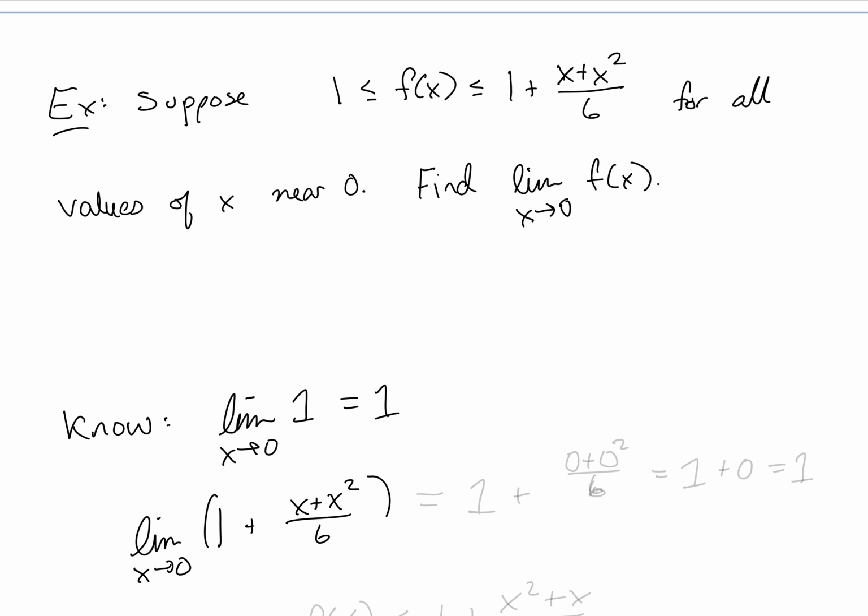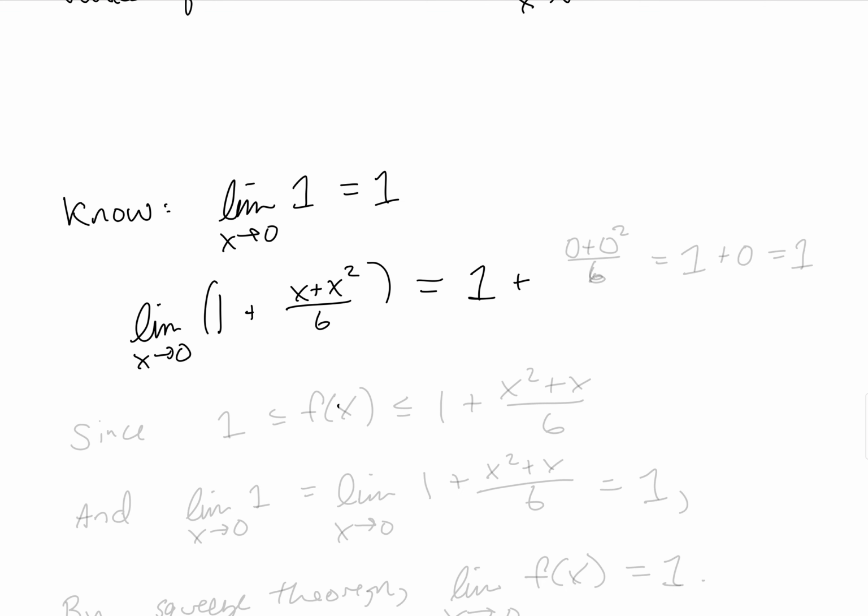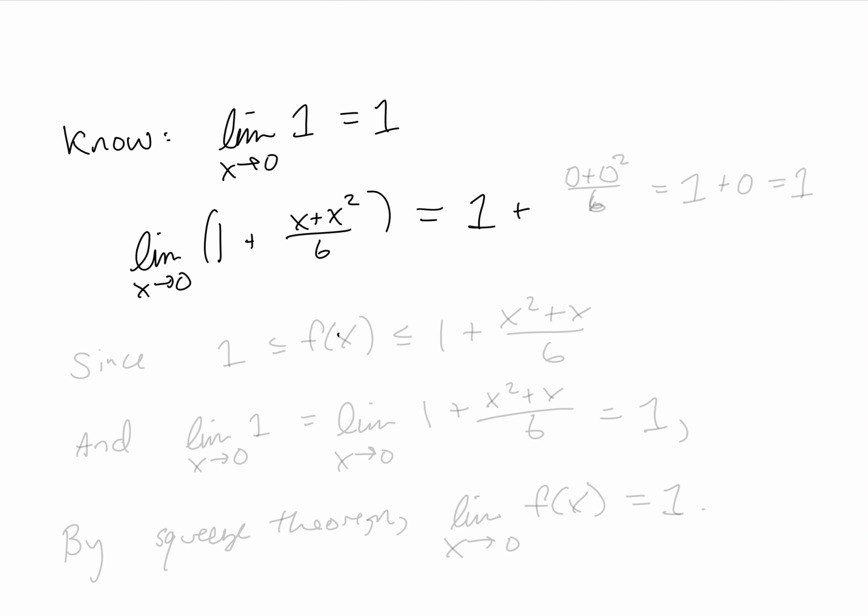What happens to the limit of that whole thing? Well, the limit of the constant 1 is still 1, plus the other part is a rational function, but the denominator is not 0, so we can just plug 0 into it. So 0 plus 0 squared over 6, and 0 over 6 is 0, so that's 1 plus 0, or 1.